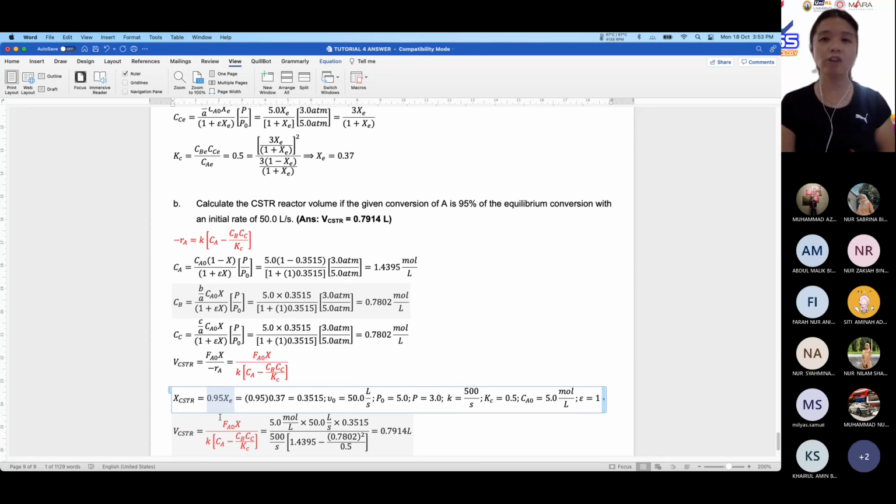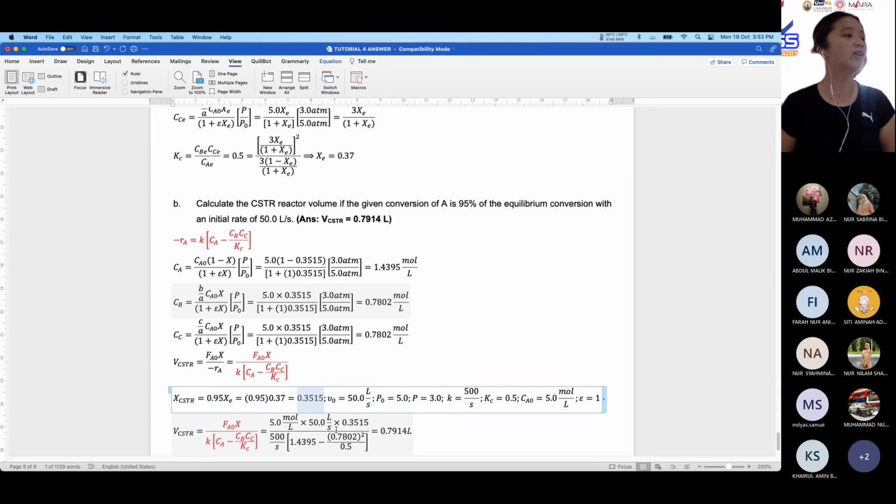So my reactor real conversion is 0.3515. Again, I repeat, most of the time the reactor conversion is not the equilibrium conversion XE. So X is not XE. We have to determine, or set, how much conversion we want in our reactor.